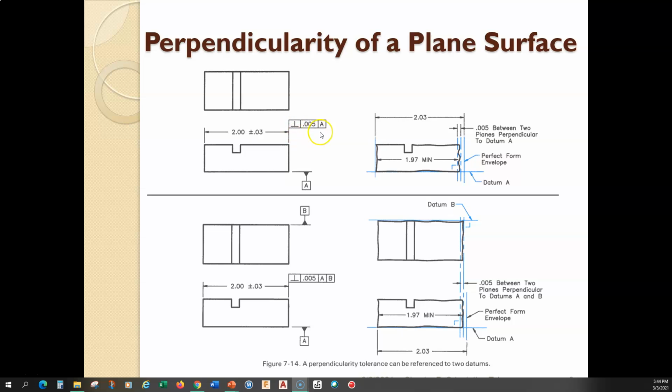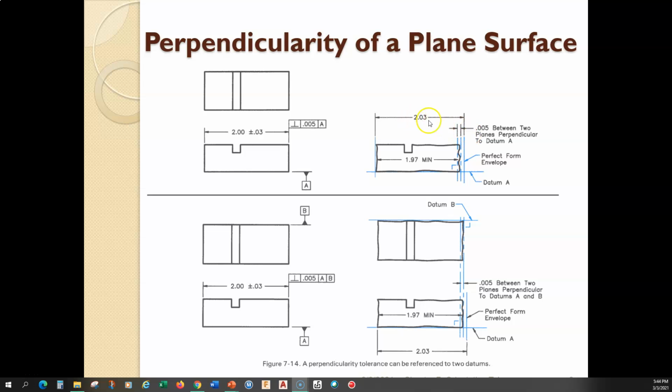It says perpendicular to datum A with a 5 thou tolerance. And there's our interpretation drawing. Now notice here we have a size dimension that's going to control the location of this surface. So this surface, forget about the perpendicularity right now. This surface can vary from 1.97 millimeters from this edge or 2.03 millimeters from this edge.